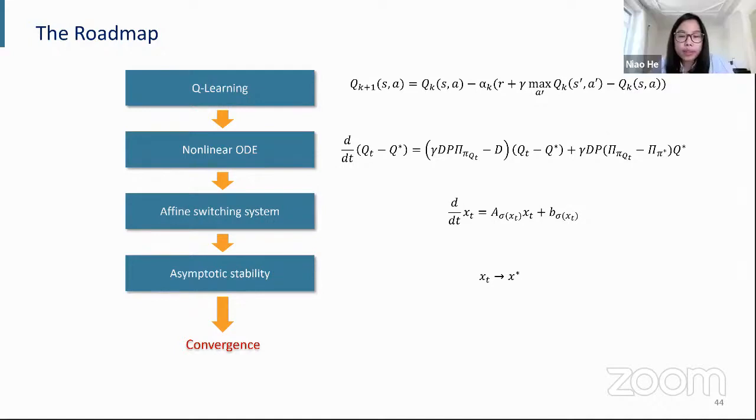As I said, showing the asymptotic stability of the ODE is of course not the only sufficient thing you need to check, right? There is definitely a gap between the discrete system and the continuous system. And as we see in this ODE method, there are conditions you need to satisfy. For instance, the noise term at every step has to be bounded, and the step size has to satisfy the Robbins-Monro condition, right?